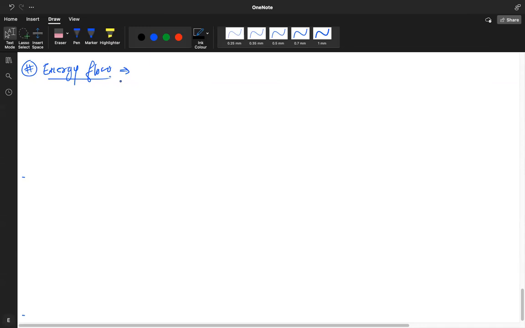Okay, apart from that, there is another thing which is known as PAR, photosynthetically active radiation. Okay, so what is PAR? Write down.